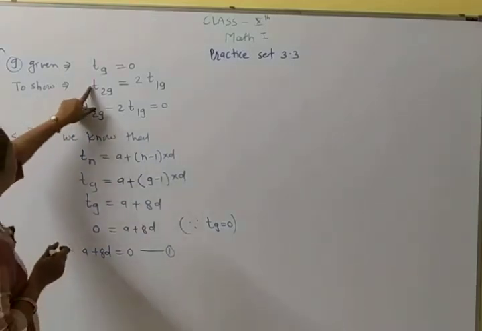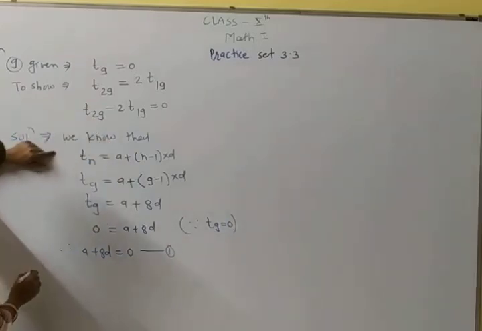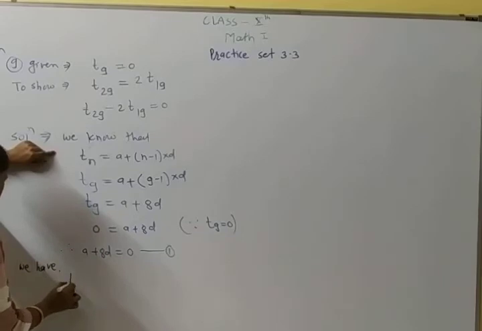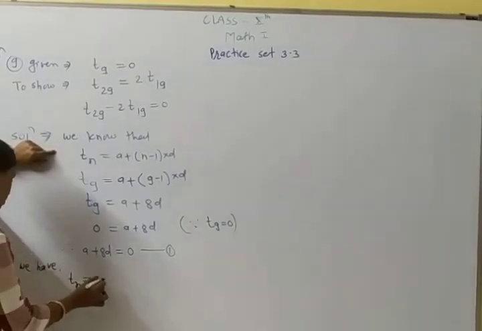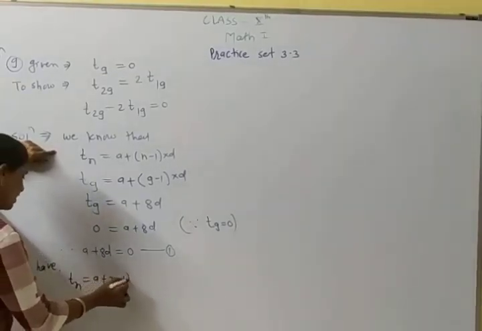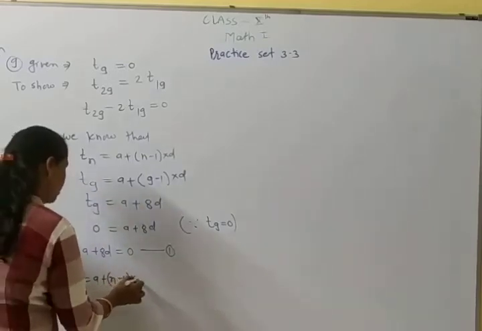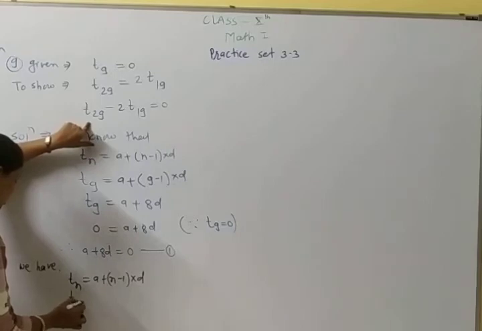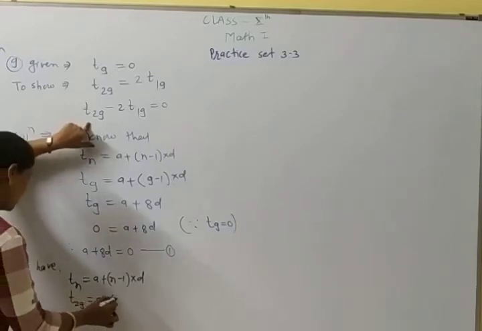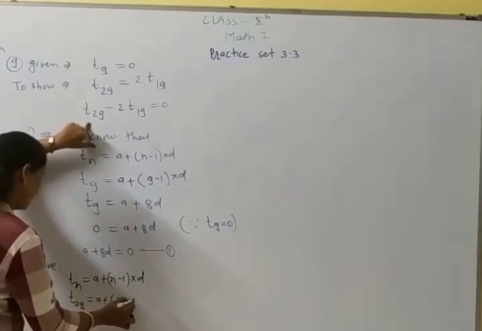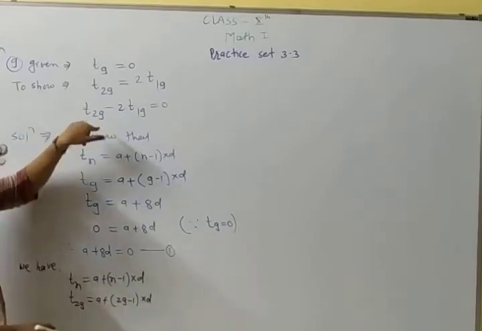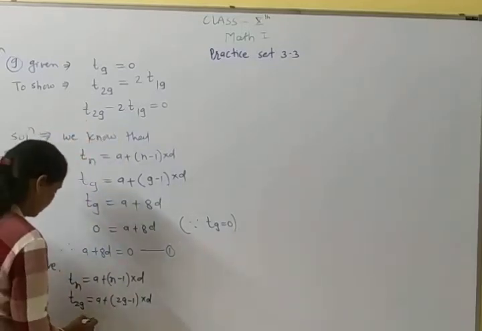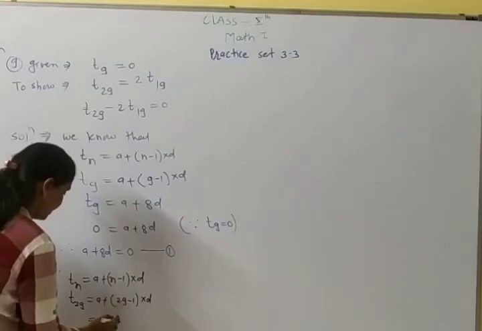Then second, find T29. Again we have Tn equal to A plus n minus 1 into D. So T29 equal to A plus 29 minus 1 into D, which is A plus 28D.